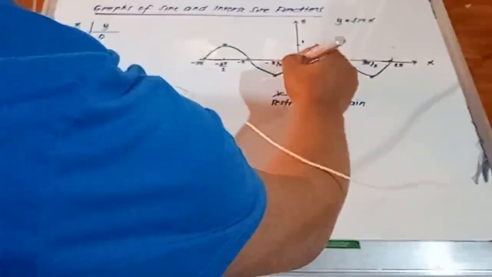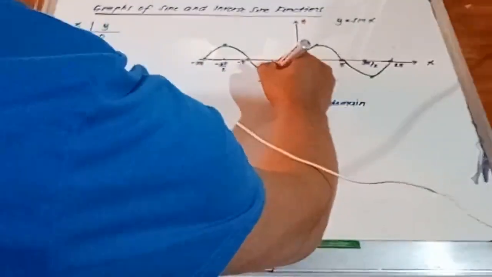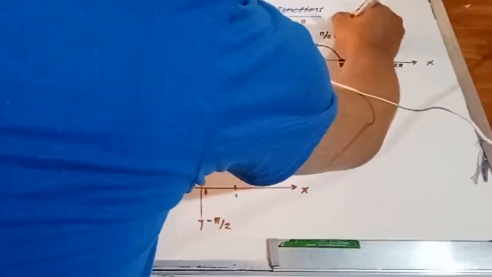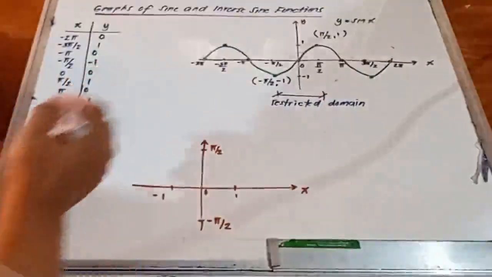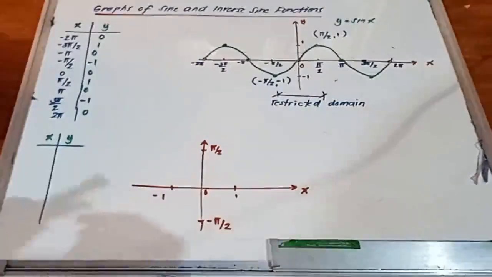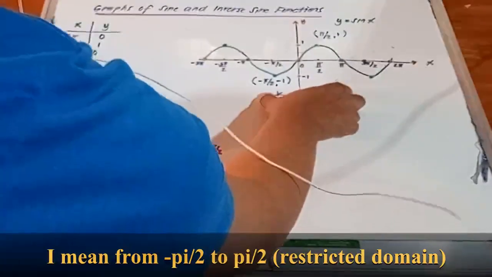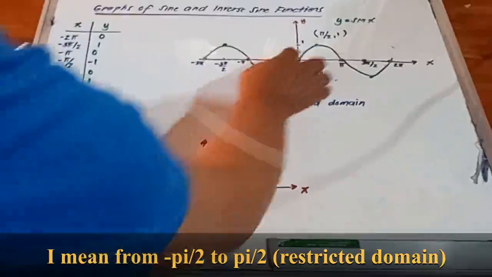Ang coordinates nito ay negative pi over 2, negative 1. Ito naman ay pi over 2, 1. So, pag ni-restrict natin yung domain, magiging 1-to-1 function na siya.